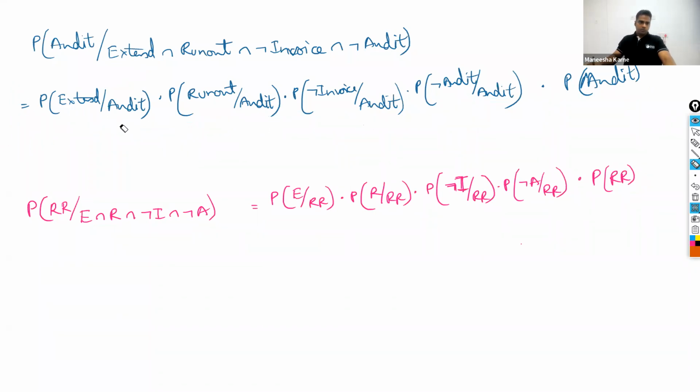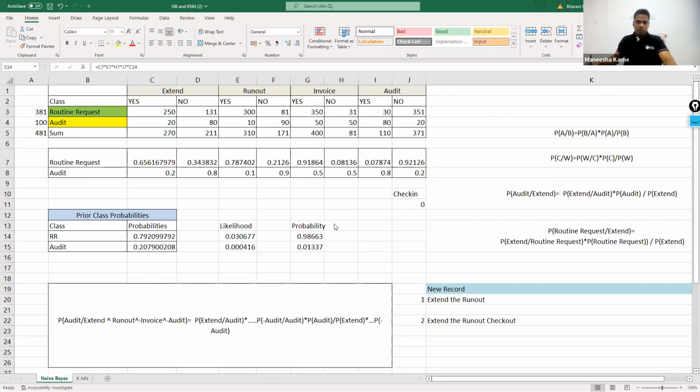Okay, so you get this form, or you get the answer for this. Okay, what is the likelihood that we're getting? 0.03.